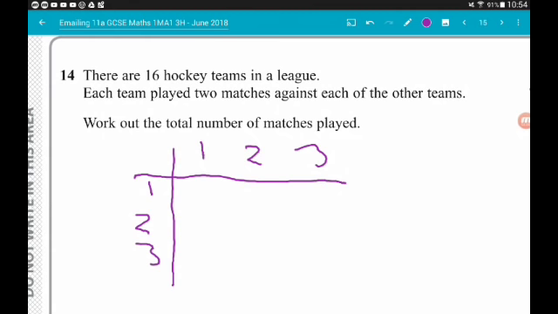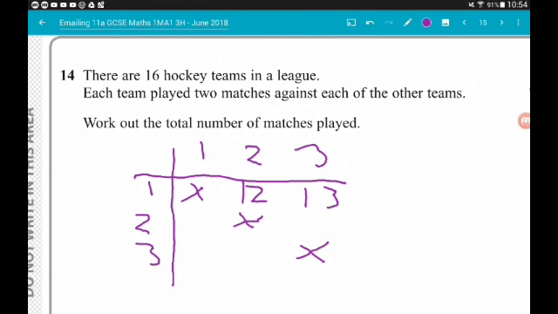So team 1 cannot play team 1, team 2 cannot play team 2, team 3 cannot play team 3. Along the first row though, we can say, well, here 1 is playing against 2, and then 1 is playing against 3.